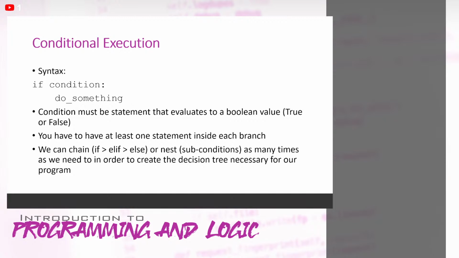But else basically just means all other conditions. Anything that doesn't match any of my if statements or elif statements. If everything else rings false, then run my else statement. Or nested conditionals, where we have conditionals that are inside of conditionals. And this creates what we would call a decision tree.